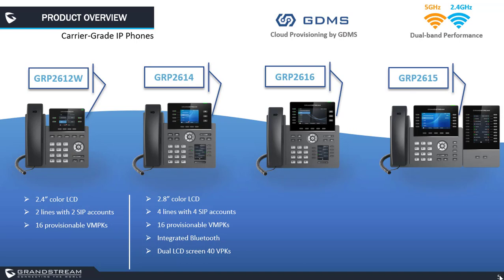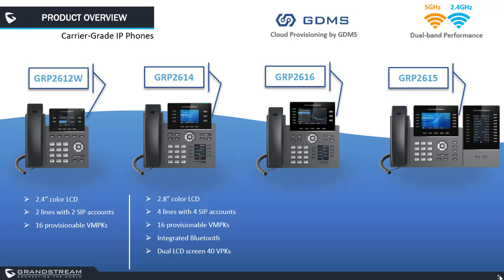The next model is the GRP2614. This one has a larger color LCD of 2.8 inches. It supports four lines with four SIP accounts, and again you can use the line buttons to configure them with VMPKs. So with the four buttons, you can create four virtual pages so that you can toggle between the pages using the soft key button.